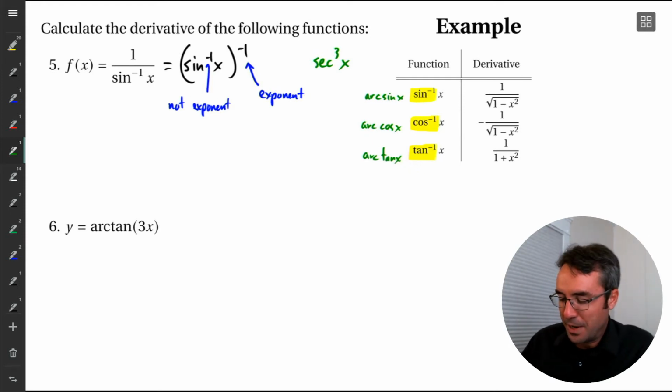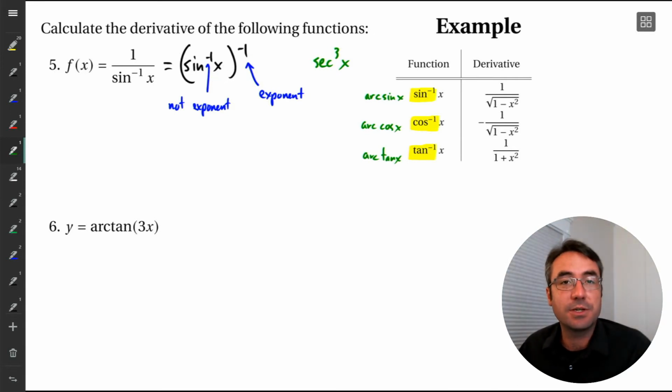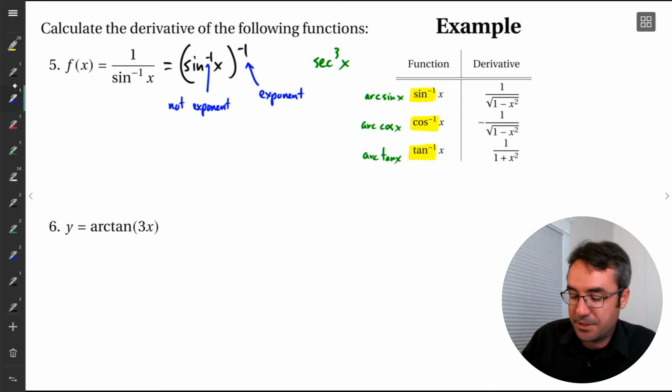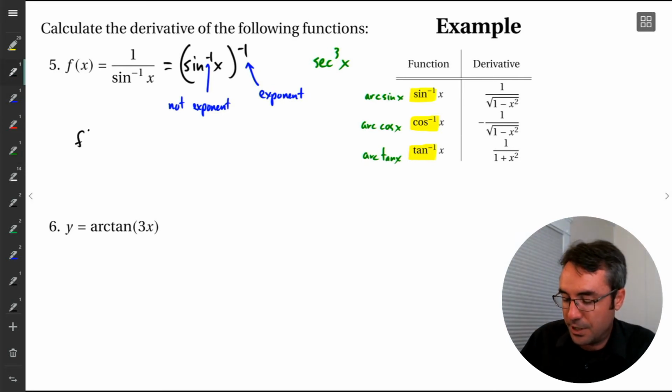All right, so how are we going to differentiate this thing? Looking at this, we have an inner function, inverse sine of x, and our outer function is just a power function. So we differentiate just like usual with the general power rule.